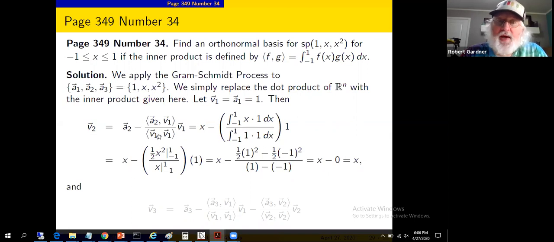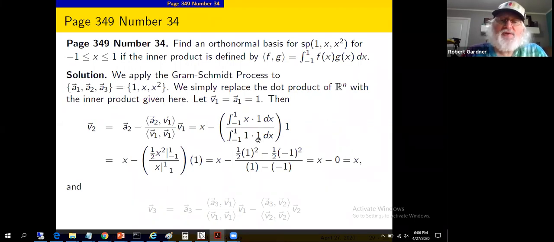This was a quotient of dot products, now it's a quotient of inner products. The inner products are computed in terms of integrals, so that produces these 2 integrals. A2 is x, there's the x. V1 is 1, there's the 1. Inner product of 1 with itself, inner product of V1 with itself. Okay, so these are the computations to be done.